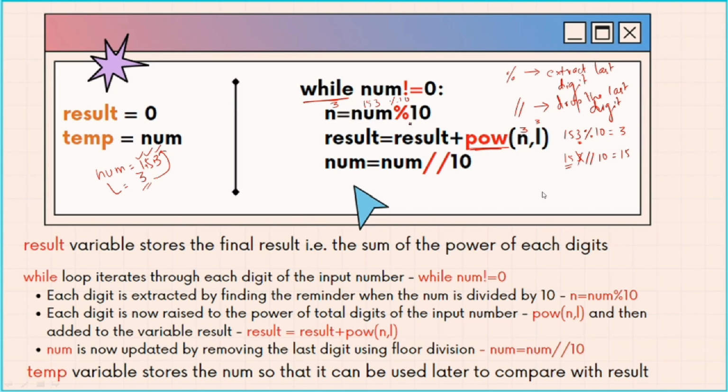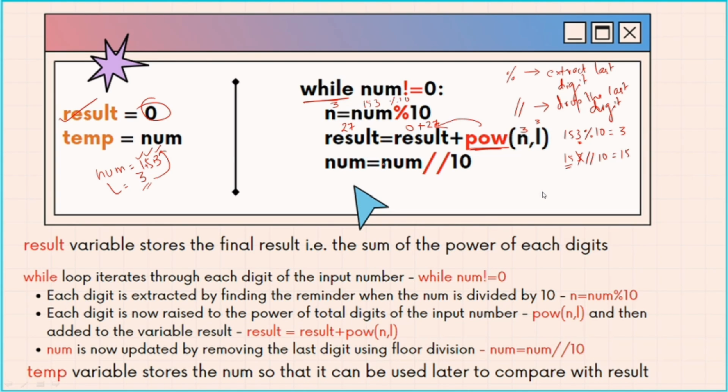So 3 to the power 3, and then we will add it each time to the result. Initially we have put result equals 0. So 0 plus 3 raised to the power of 3, which is nothing but 27. So result is updated as 27.